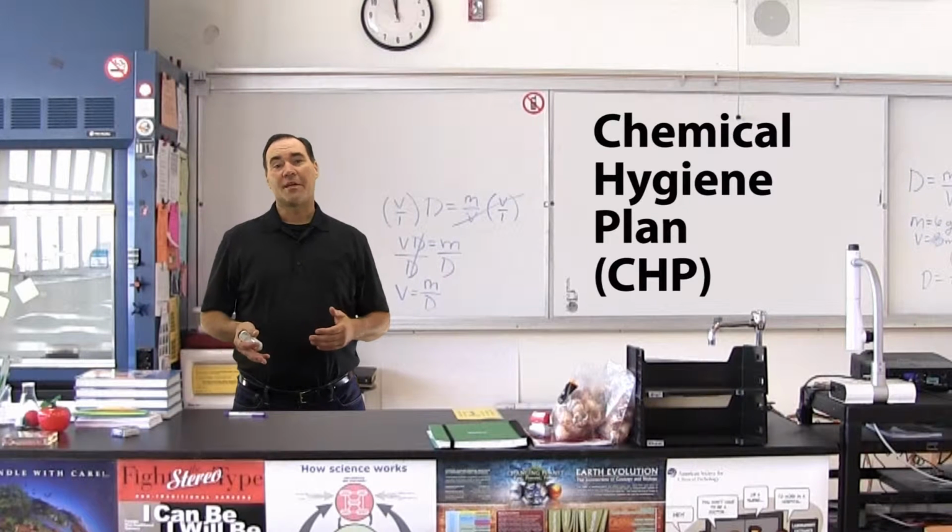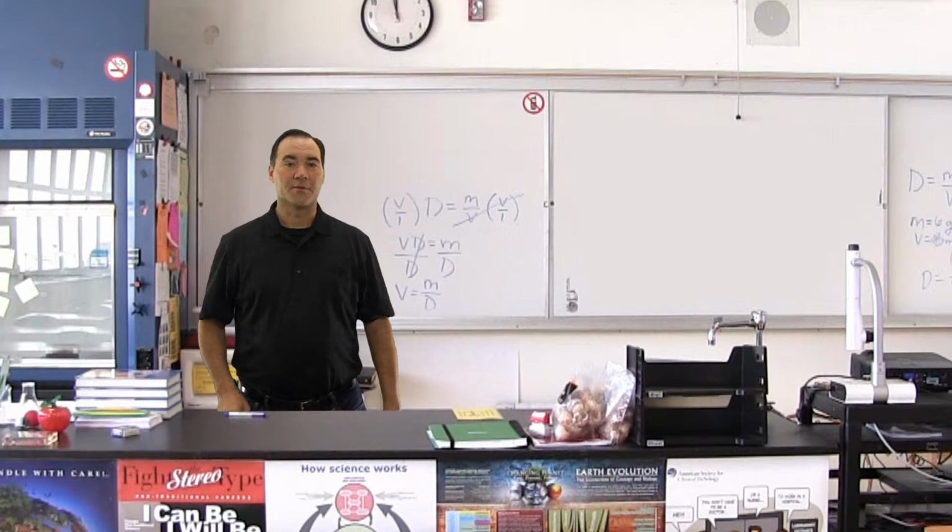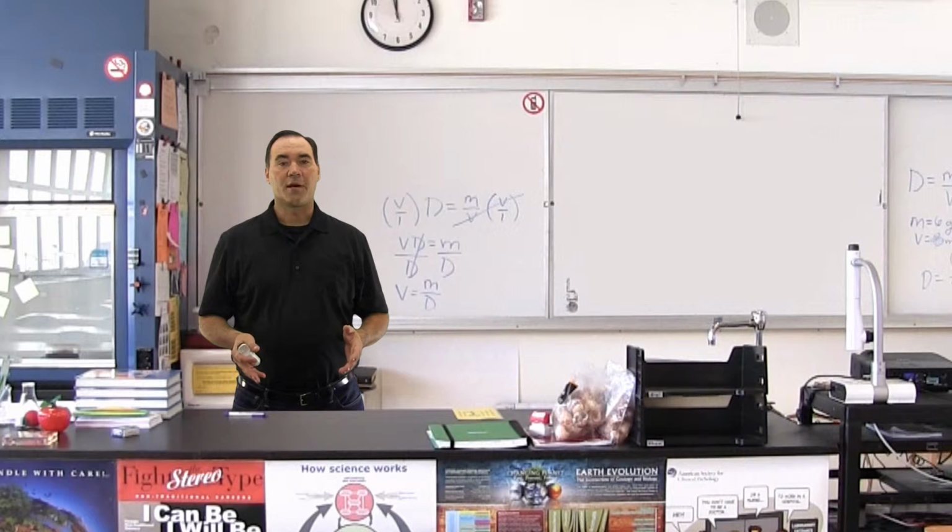The Chemical Hygiene Plan, or the CHP, is similar to the Hazard Communication Plan, except that it applies specifically to science laboratories. The CHP spells out the requirements for identifying hazards, conducting annual inventories, employee training, maintenance of safety data sheets, personal protective equipment, how to safely store chemicals, how to label chemicals, fume hood inspections, how to handle hazardous waste, how to report accidents, and how to control spills.